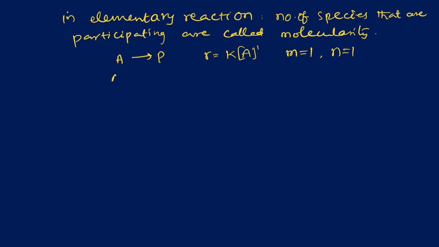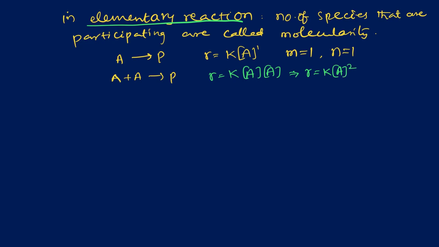Next, A plus A gives P. If all of these are elementary reaction conditions, then rate is equal to K[A] power 1 times [A] power 1. Otherwise you can write this as rate is equal to K[A] power 2. Therefore, molecularity is equal to 2 and order is equal to 2.